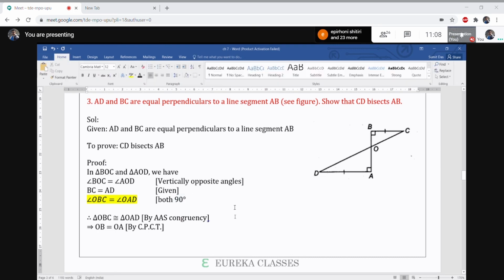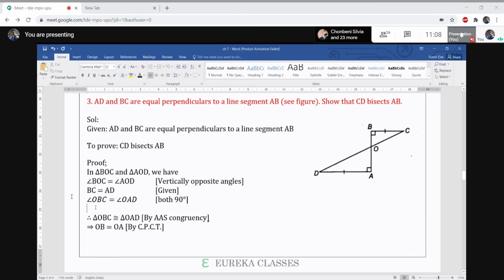Okay, so OBC and OAD are equal because both are 90 degrees. That means triangle OBC is congruent to triangle OAD. If these two triangles are congruent, I can say OB equal to OA by CPCT.